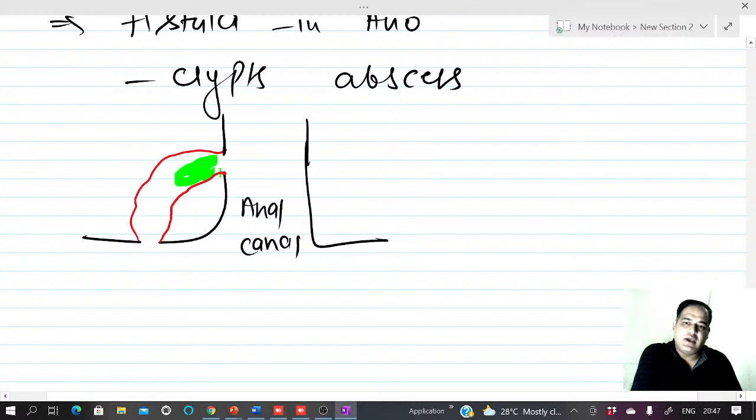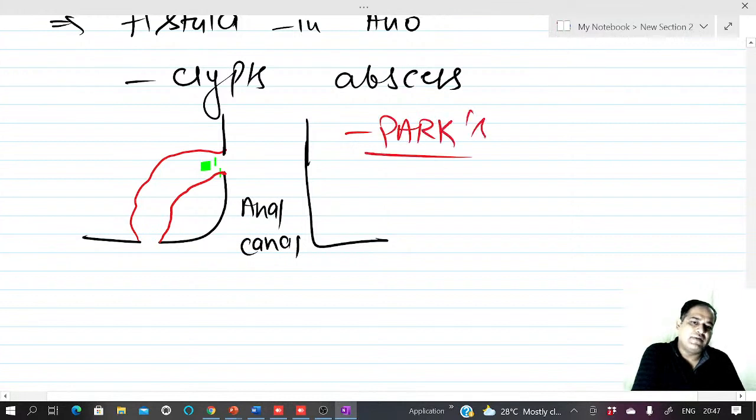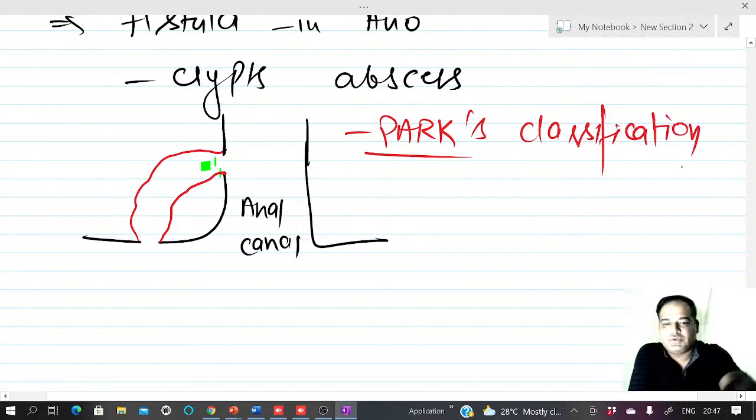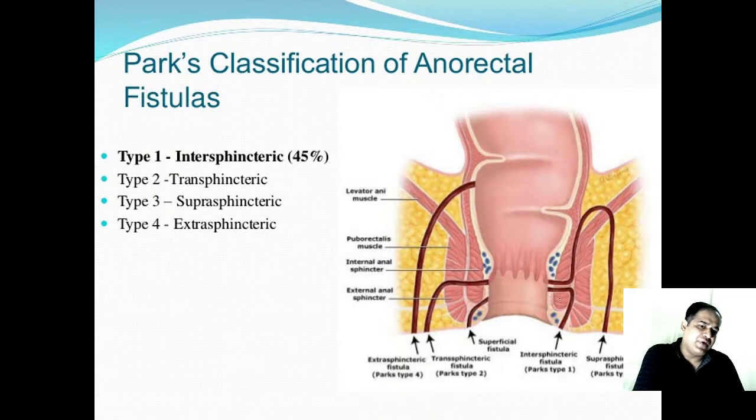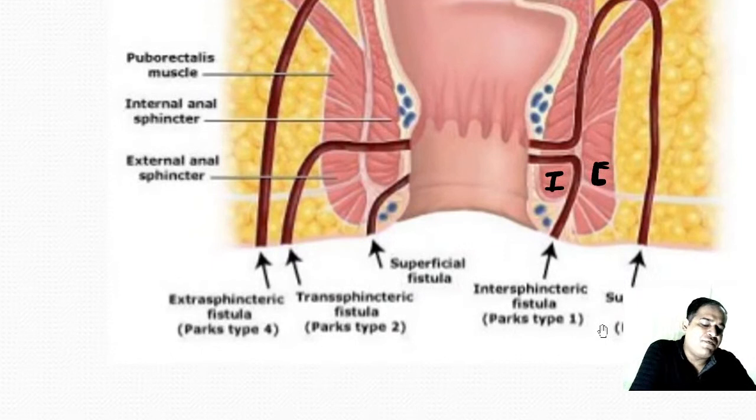Fine. Now fistula in ano. What do they ask in the examination? That is the Park classification. See here. So type 1, that is the intersphincteric. This is the internal sphincter, this is the external sphincter, and if you can see on your screens, this fistula is running between the internal sphincter and the external sphincter.